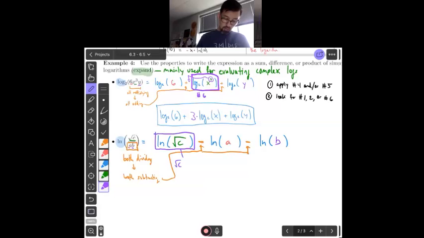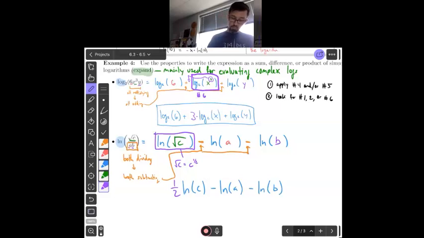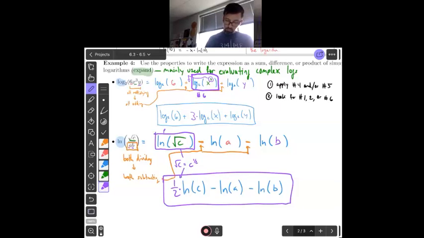Square root of c is equal to c to the 1/2, which means that this is equal to 1/2 natural log of c minus natural log of a minus the natural log. There's property number 6 again. So seeing those square roots as half powers.